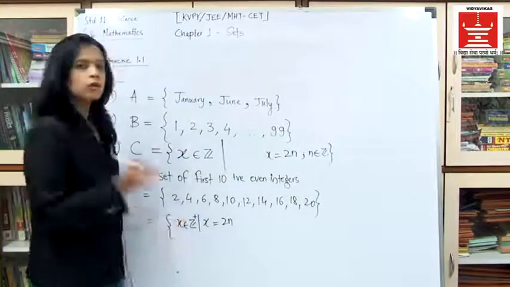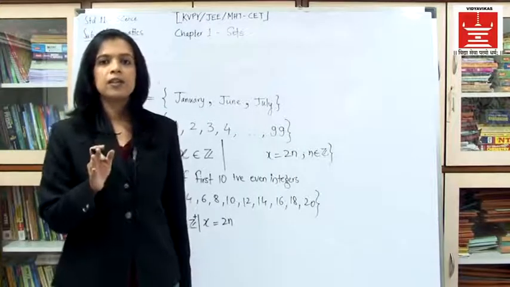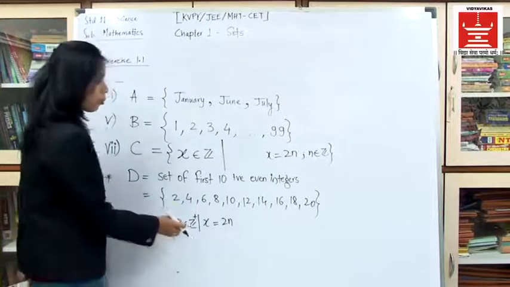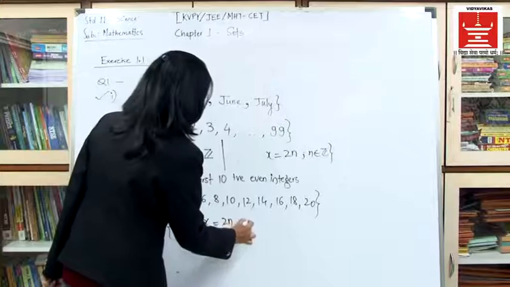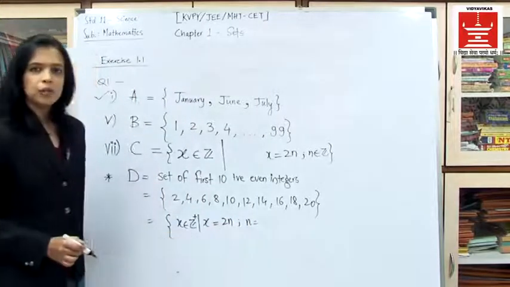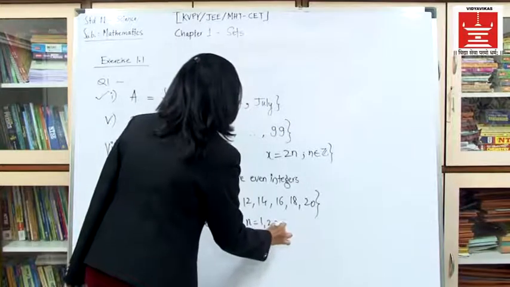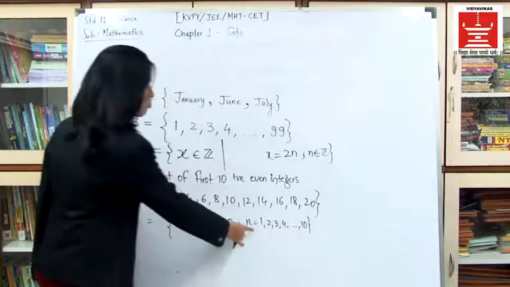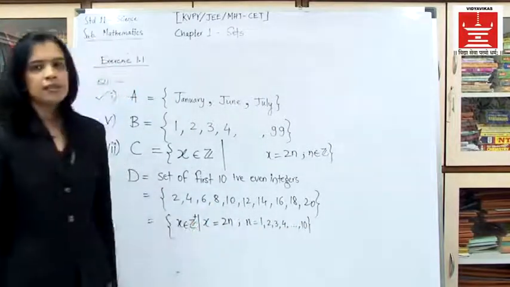Z plus excludes all of them and considers only the positive integers, which is nothing but natural numbers. So, all positive integers x such that x is 2n, where n is equal to 1, 2, 3 up to 10. So, these first 10 positive integers give rise to this set.